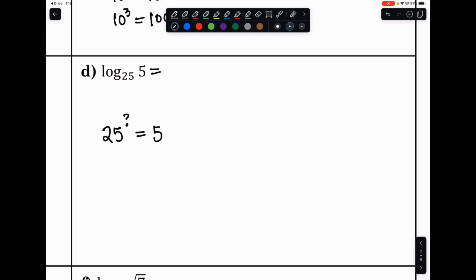We have the other option of having a rational exponent. Now, we should be able to recognize that 5 to the second power is equal to 25, but this is not what we're interested in. We're not interested in figuring out what power to raise 5 to get 25. We're interested in getting 25 to become 5.